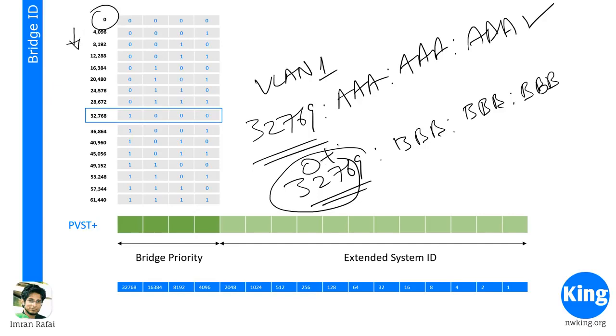So 0 plus 1 for VLAN, so the priority will be 1, and then the MAC address, and this will always have more priority than any of the devices with a higher priority number, right? So this is how the priority works. So you need to understand that, so just watch this video again.